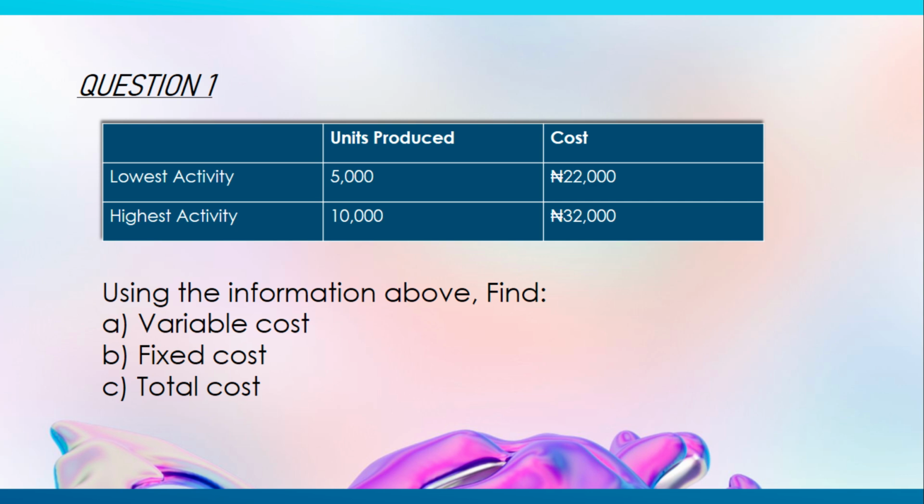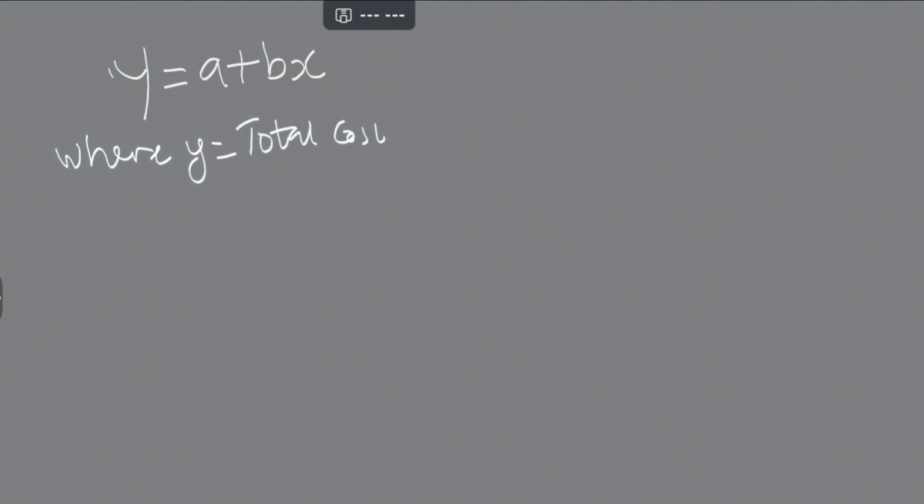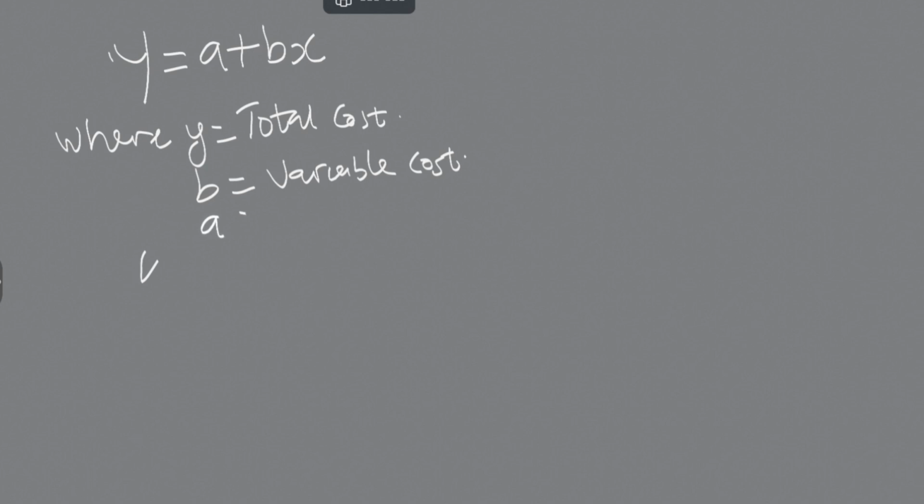To calculate our total fixed cost, we are going to be using the formula y equals a plus bx, where y is your total cost, b is your variable cost, and a is your fixed cost.